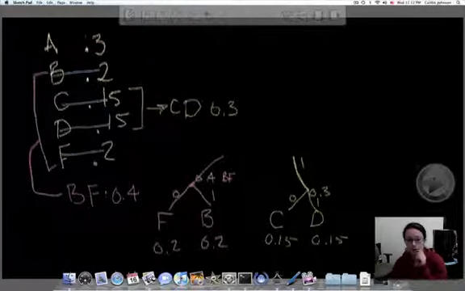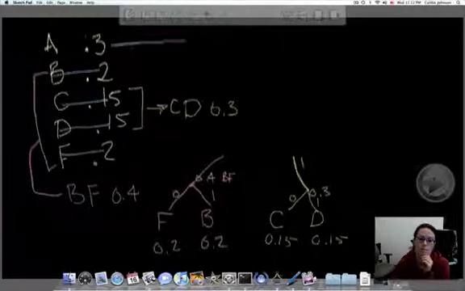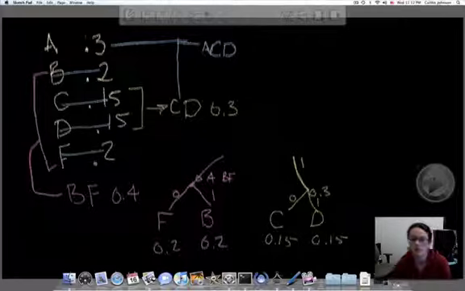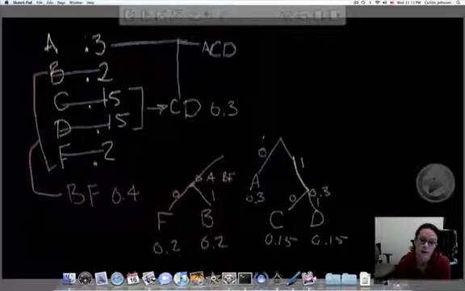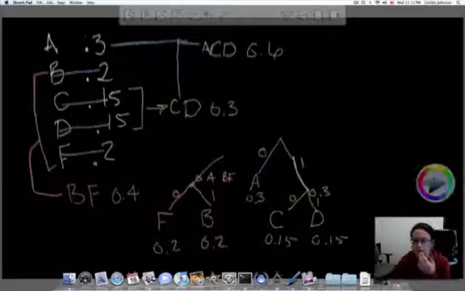So our choices are BF, CD, and A. So looks like A and CD are the two smallest now, so I'll call this ACD, not ACDC, just ACD, and then put A here, probability of that's 0.3, so A connects up here to CD, and the probability of ACD is 0.6. Now we only have two nodes, ACD and BF, and if we really want to be cute about it, we can make a supernode called ABCDF, but it looks like we have our Huffman encoding.